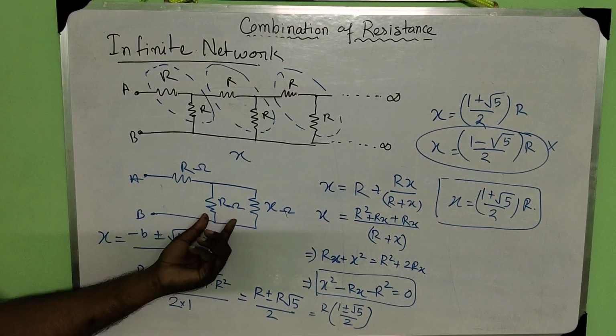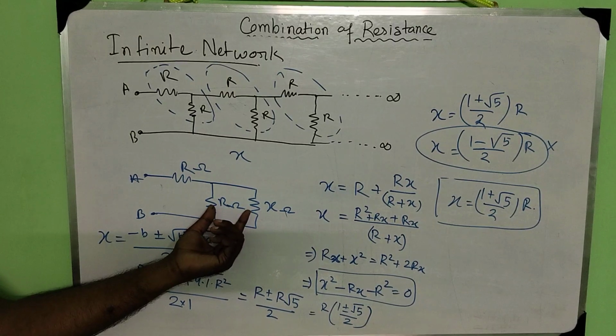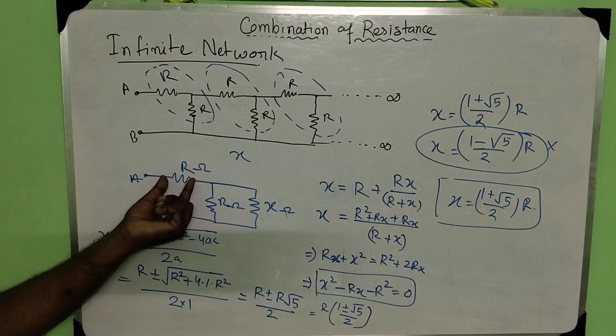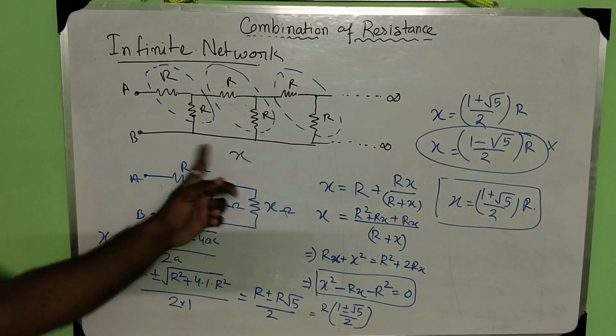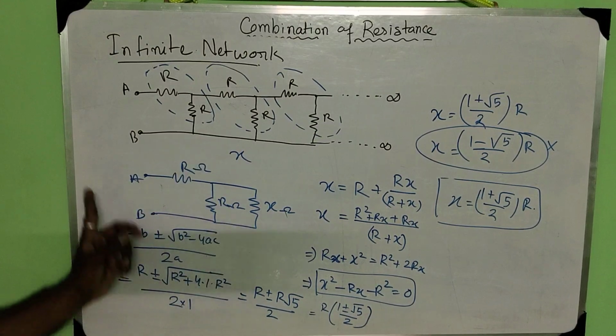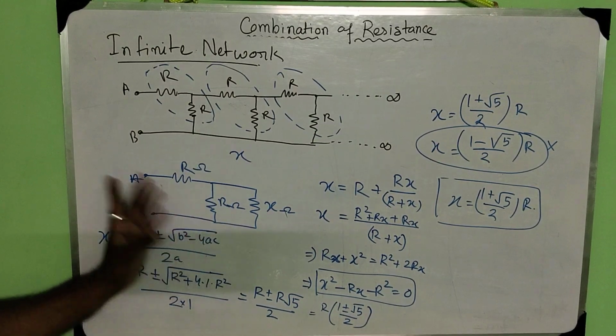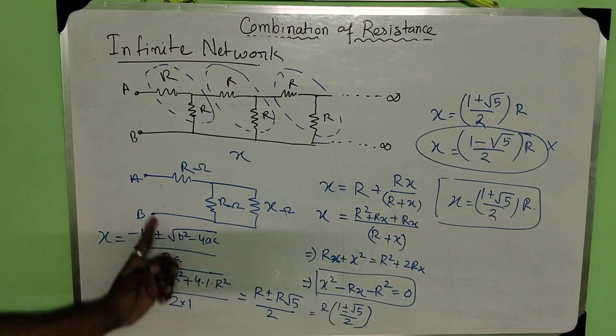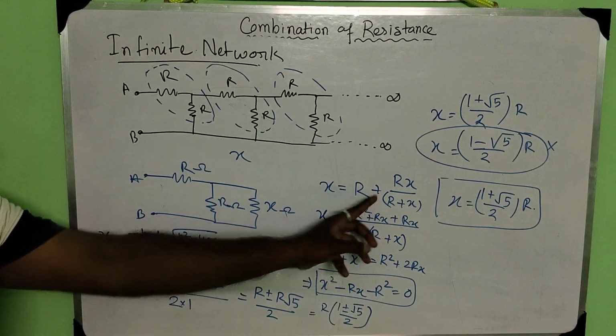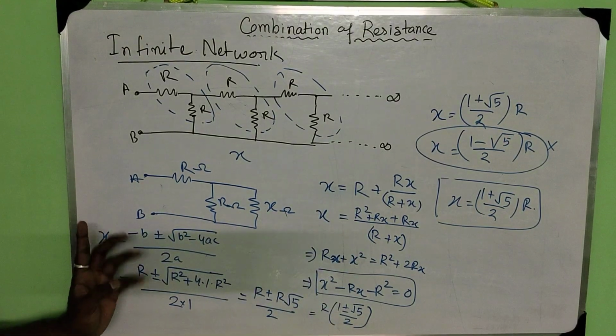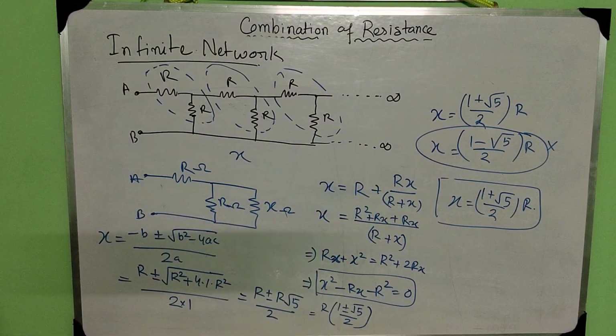Then this becomes very simple, that means these two resistors are in parallel, then it is series. Again the equivalent resistance is x, because it is infinitely long. So x equals this, and solving this equation we will get this value. So for an infinite network, this is the way we have to solve.